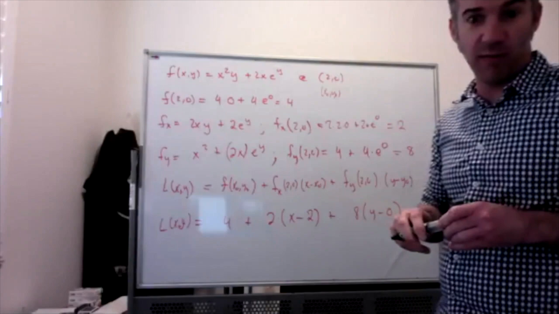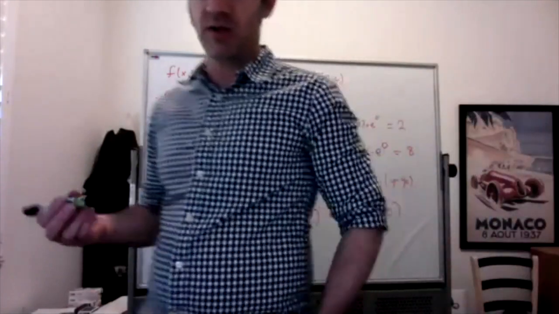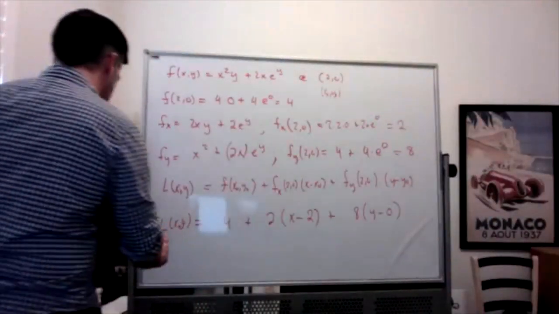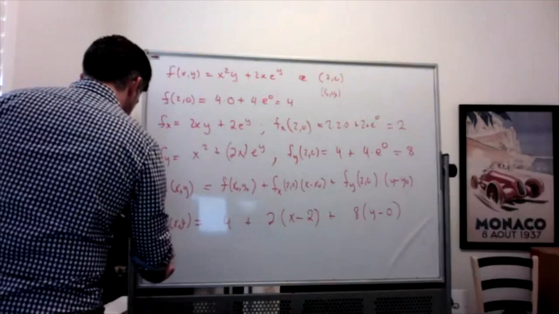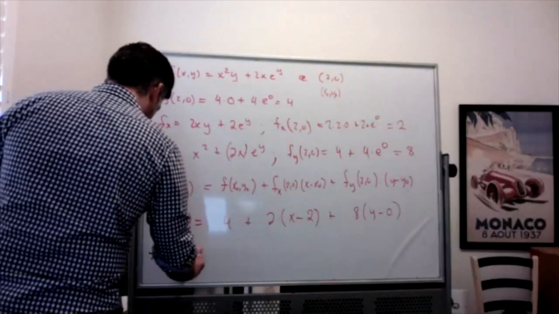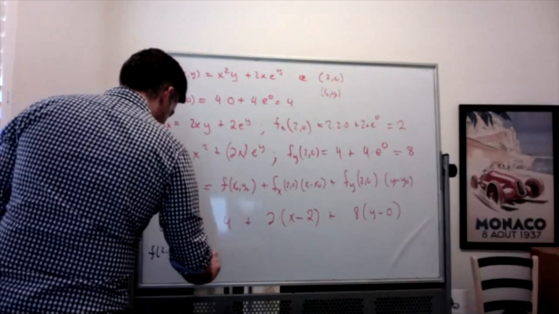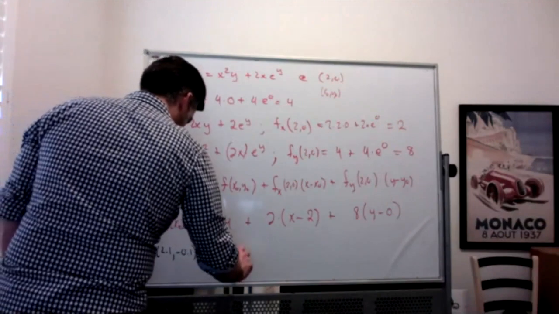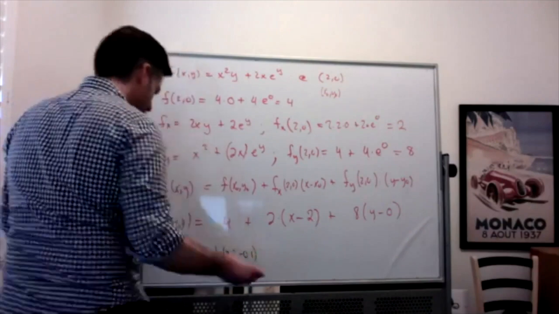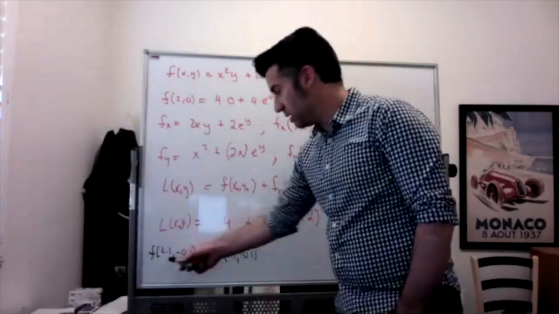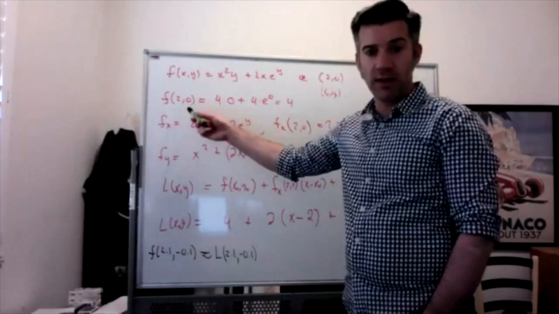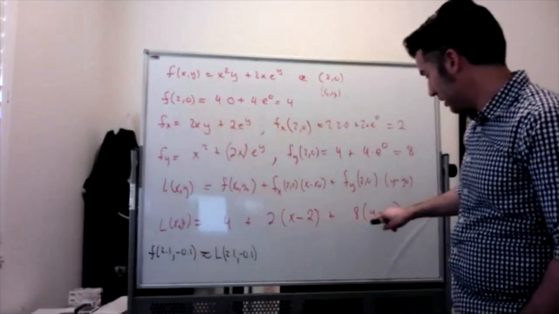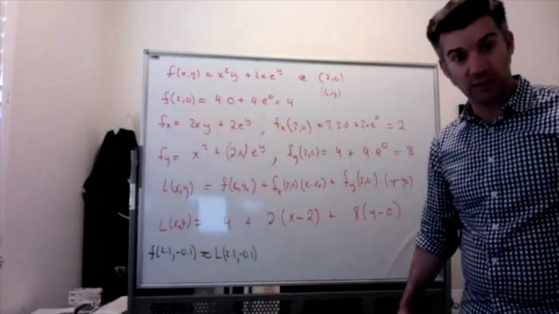the second part, part B, is use the above linearization to approximate f of 2.1, negative 0.1. That's going to be approximately equal to the linearization at 2.1, negative 0.1. And the point is that this point is close to that point, so that these differences should be relatively small.